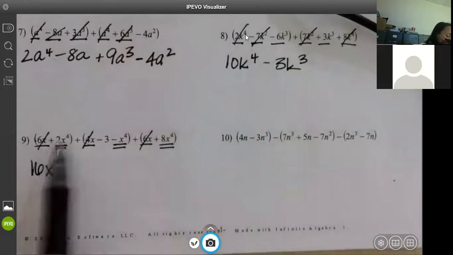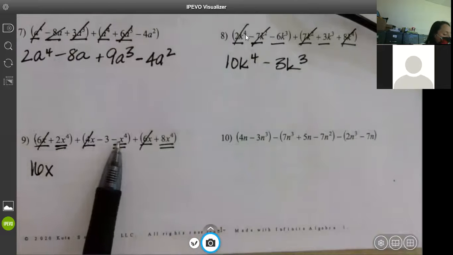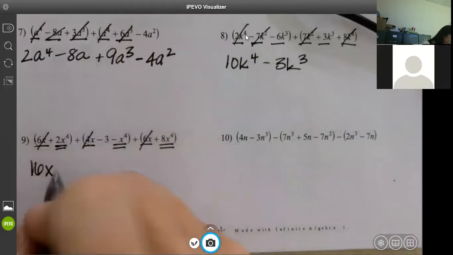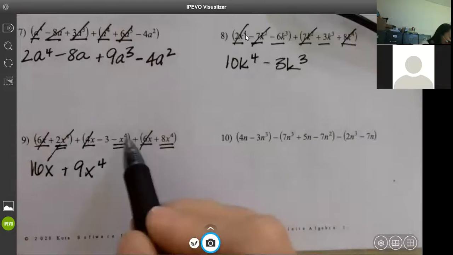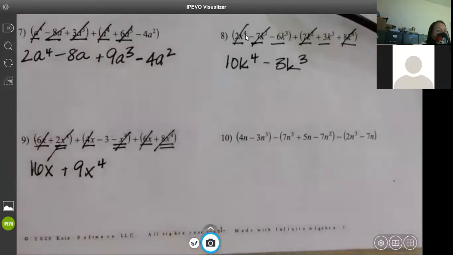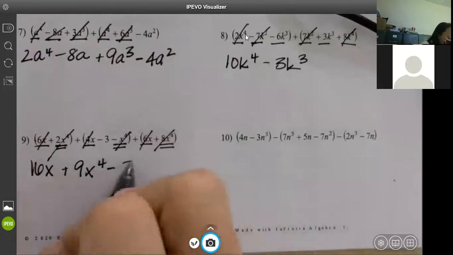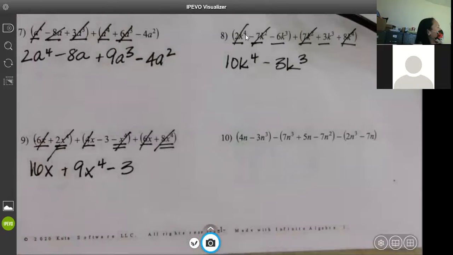So 2 minus 1 is 1, plus 8 is 9. X to the fourth made them alike. The only thing I have not used is the negative 3. And again, all the marking out does is to let you see that very last term or whatever, so you don't get it confused.